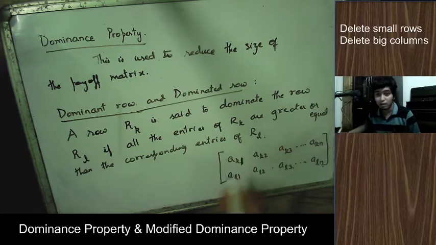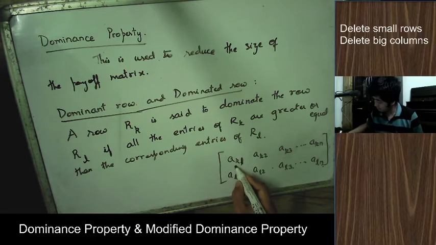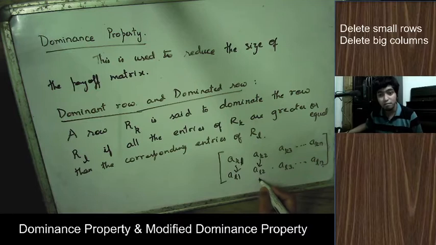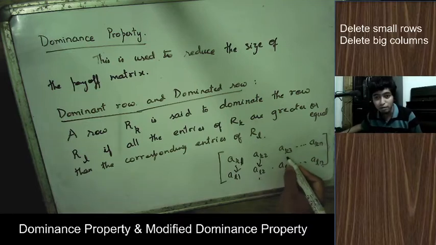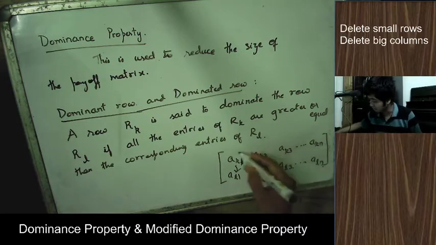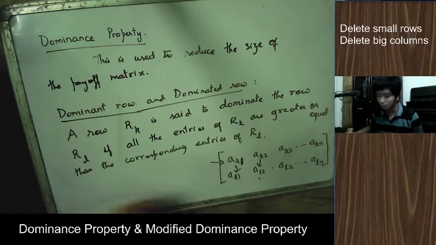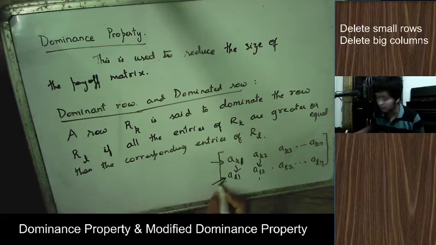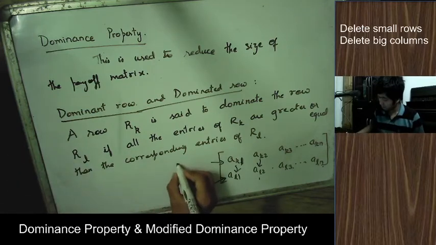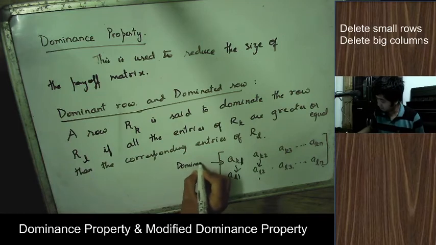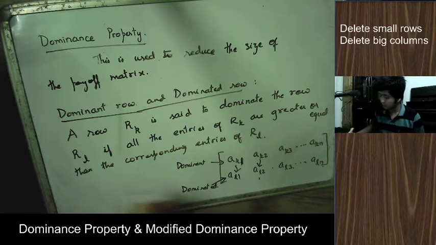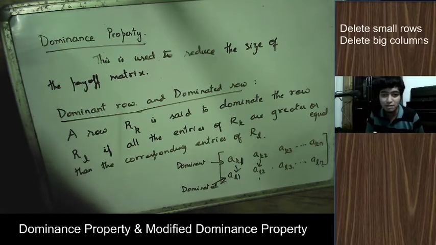If ak1 is greater or equal to al1, ak2 greater or equal to al2, ak3 greater or equal to al3, and so on, if all the entries of this row are greater or equal to the entries of this row, then this one is the dominant row and this one is the dominated row. So the row Rk dominates the row Rl.